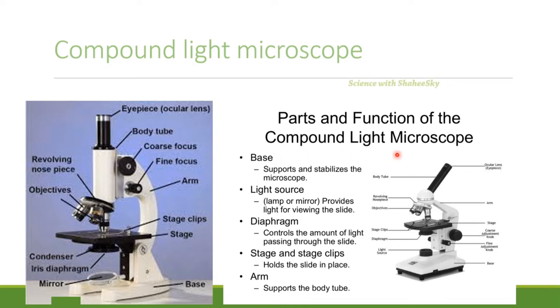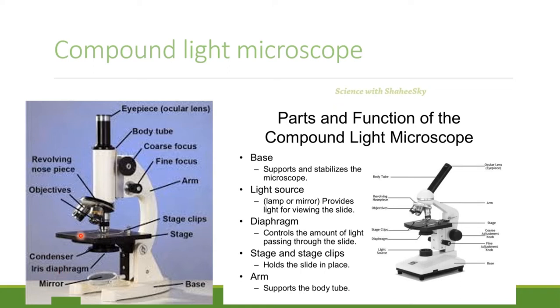Let's move on to the parts and functions of the light microscope. The base gives support and stabilizes the microscope. The light source in the microscope provides light for viewing the slides. The diaphragm controls the amount of light passing through the slides.